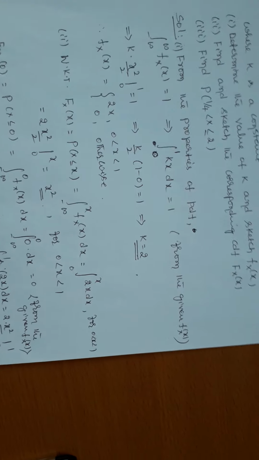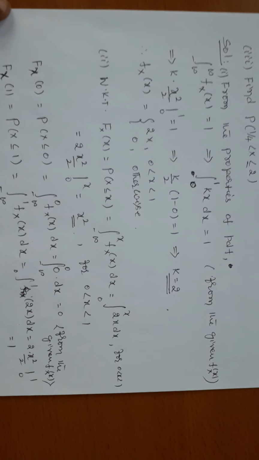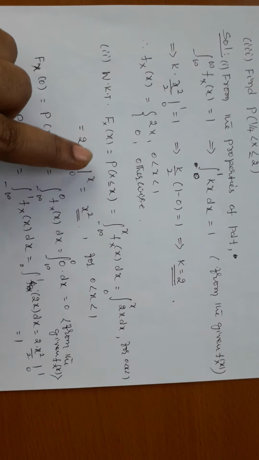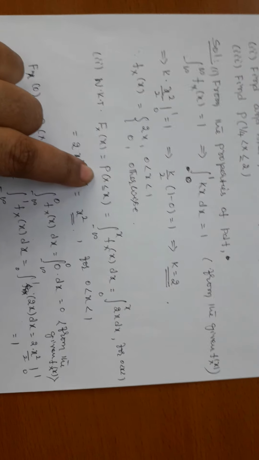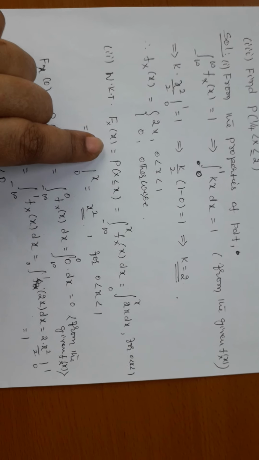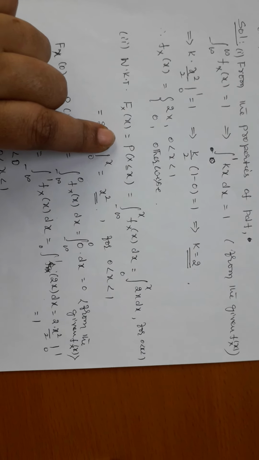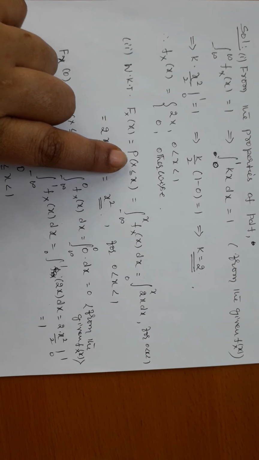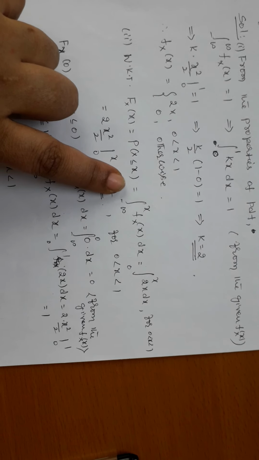From this, I am going to sketch both the PDF and the CDF together. First, you have to find the CDF from the PDF. From the definition of the cumulative distribution function, this can be written as the probability that capital X is less than or equal to small x.